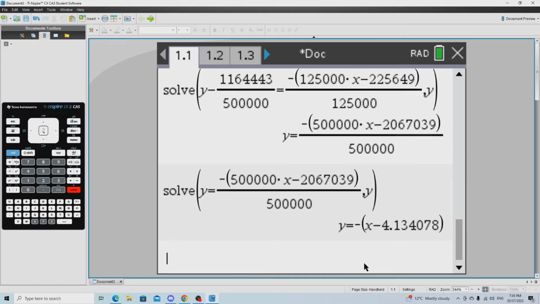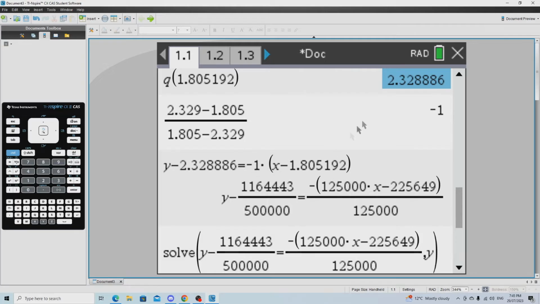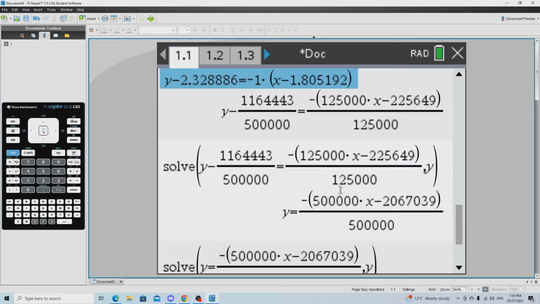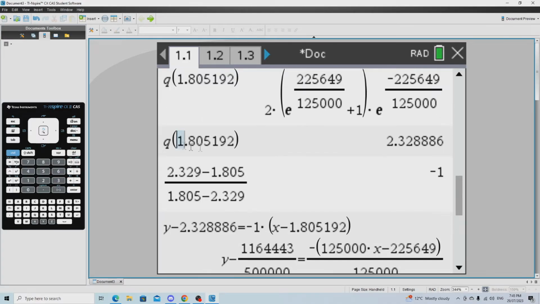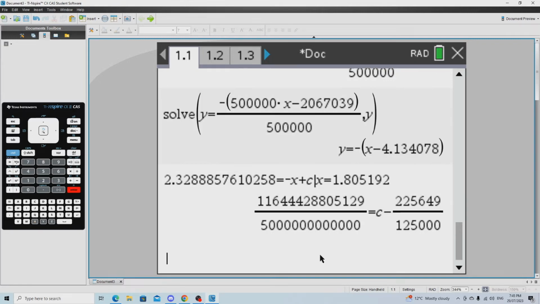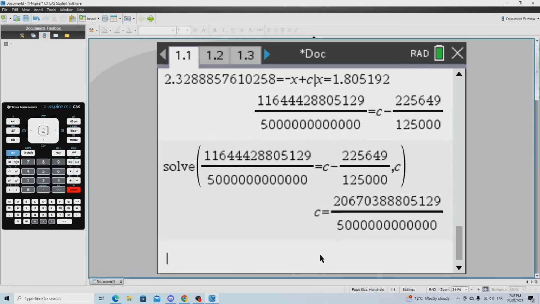Write down the equation that passes through A and B in this form. We know it passes through this point. If I know that the y value equals negative x plus c, and our value of x is over here, we can say x equals this, and we want to solve for c.